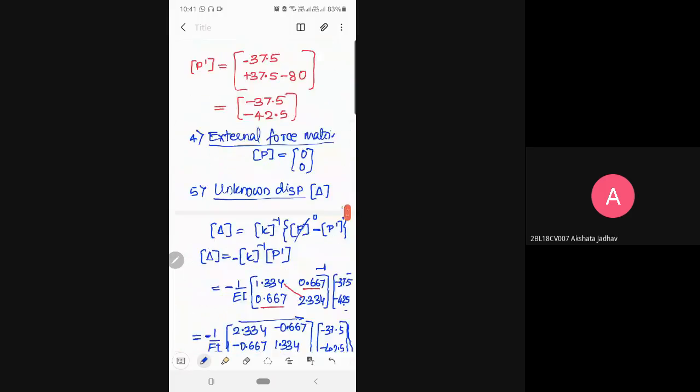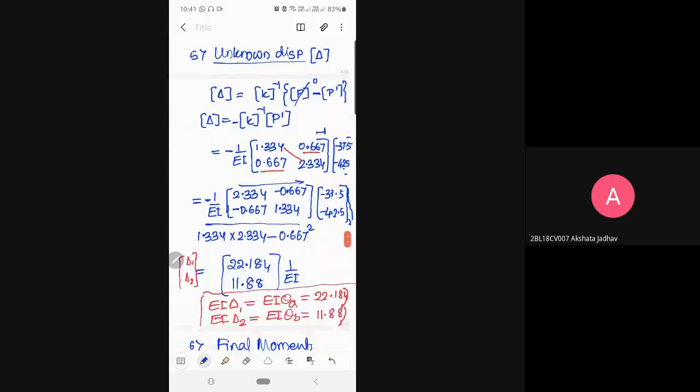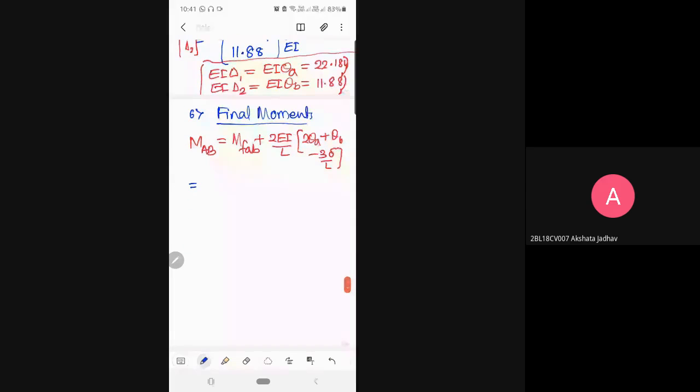We already determined MFAB, the fixed end moments, here. So it was 30 minus 37.5. I have not taken the sign here. So it is minus here, plus here, minus here, plus here. Clear? But I have compared here only the directions and I have written the values. Right? Now you take clockwise positive, anti-clockwise negative. So MFAB is minus, because it is anti-clockwise, minus 37.5. Clear?